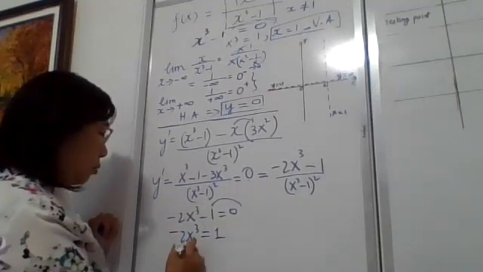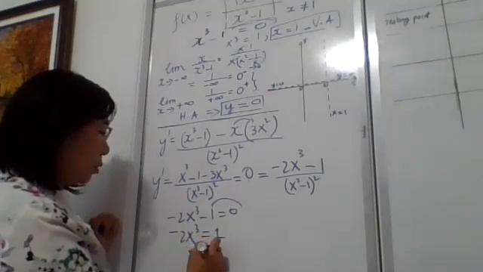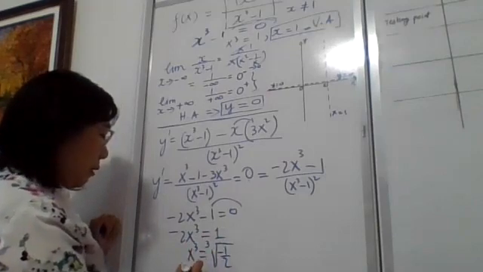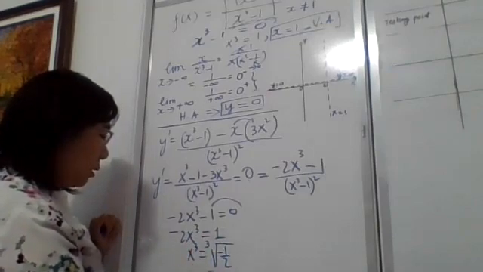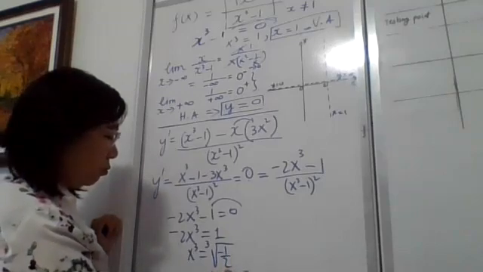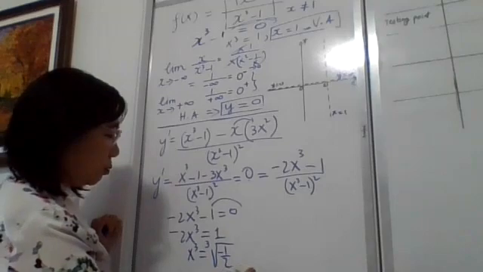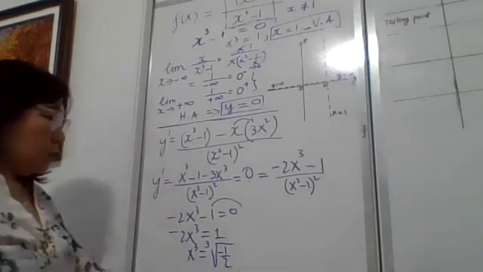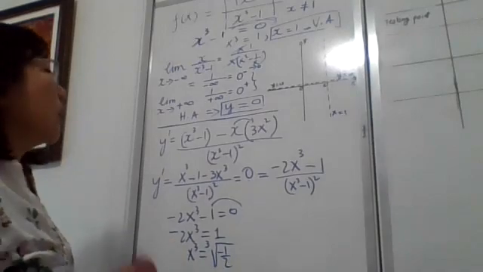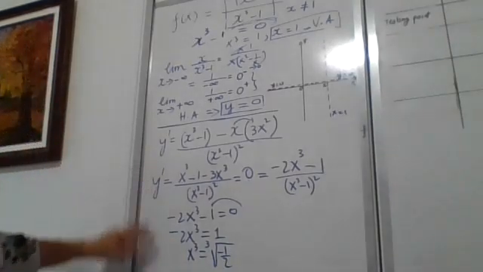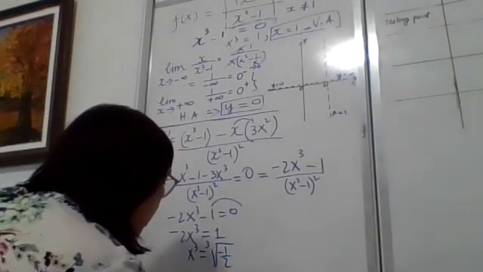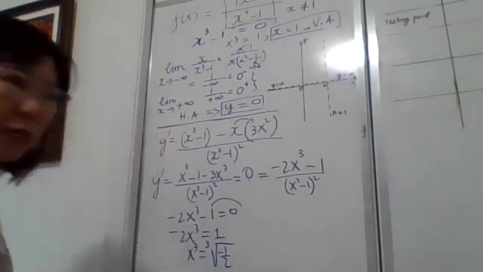Divide both sides by minus 2: x to the power 3 equals the third root of minus 1/2. And therefore, x1 equals x2 equals x3 equals minus 0.79. So that's the root of our function for this value. So that is the critical point. So we have one critical point at x equals minus 0.79.